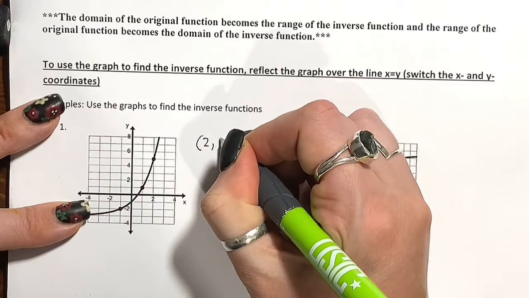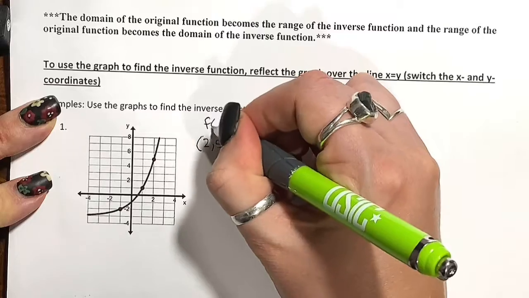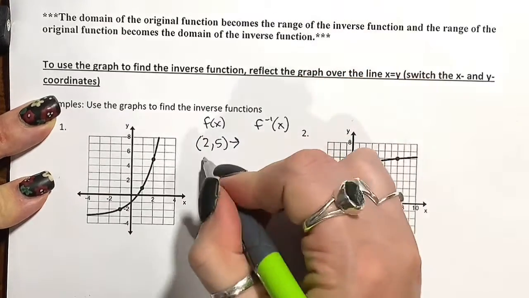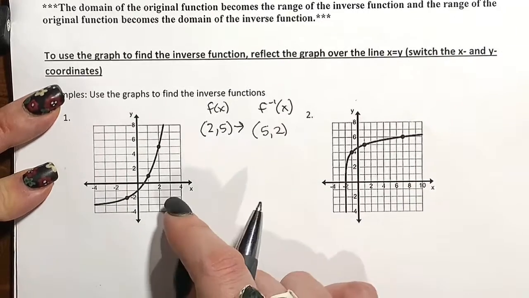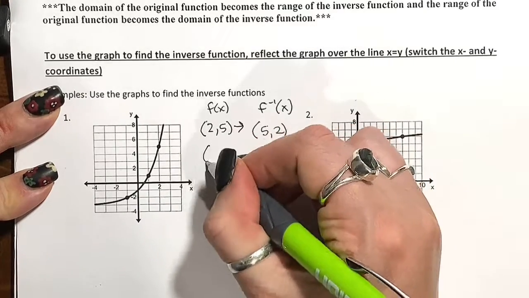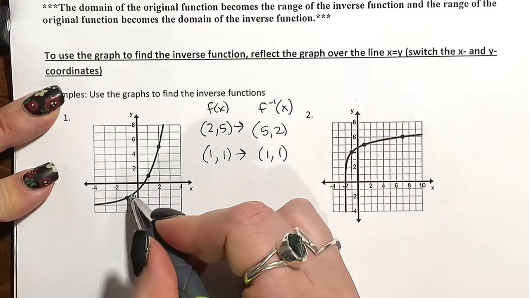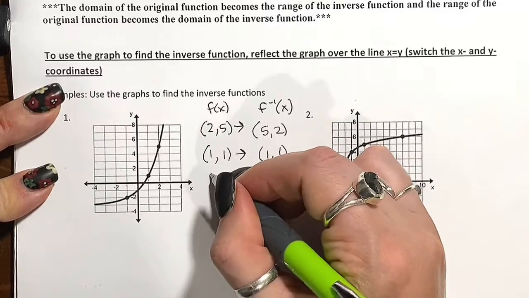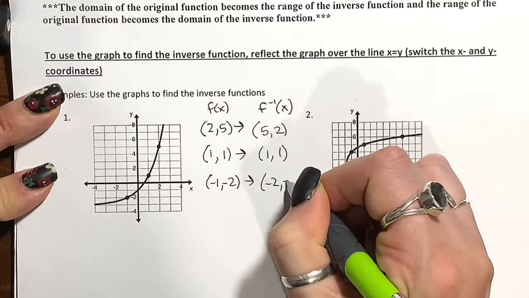So if my original point is at 2, 5, let's say this is f of x, my inverse point is going to flip. It's going to be at 5, 2. So I'm just going to do that for these 3 points that I have bolded on here. This one is at 1, 1, which when you switch it just stays 1, 1. But then this one is over back 1 and then down 2. So it's at -1, -2. So that's going to flip to -2, -1.